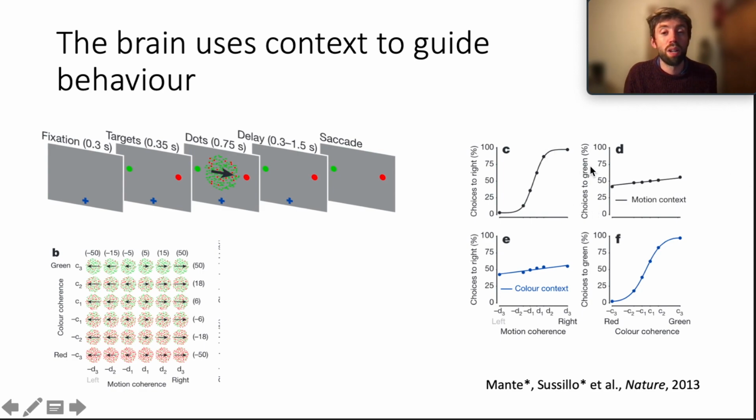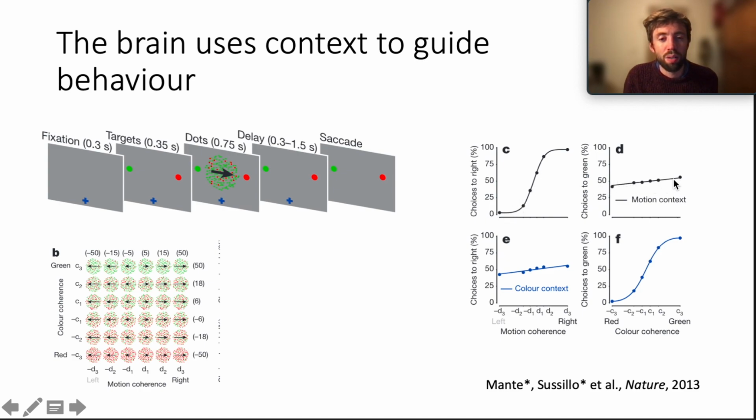On the top row, we can see the results for the motion context. So this is when monkeys were meant to respond with an eye response according to the predominant direction of motion of the dot. And you can see that the monkeys do this really well, so that when most of the dots are moving to the right, they respond quite successfully by saccading their eyes to the right hand side most of the time, and vice versa for the left.